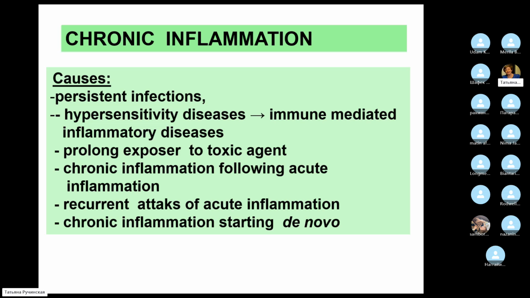And at last, there will be some words about chronic inflammation. At first, what may cause chronic inflammation? It may be persistent infection or severe infection, for example, tuberculosis.